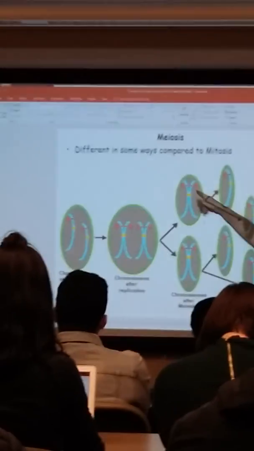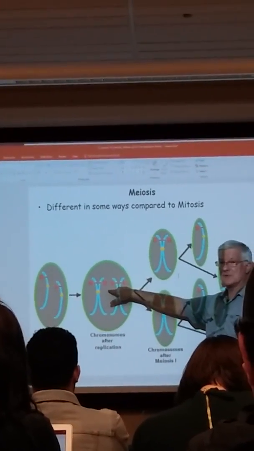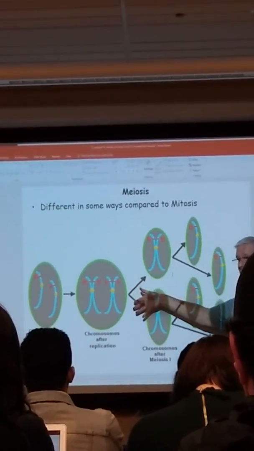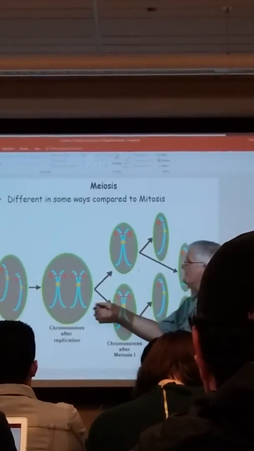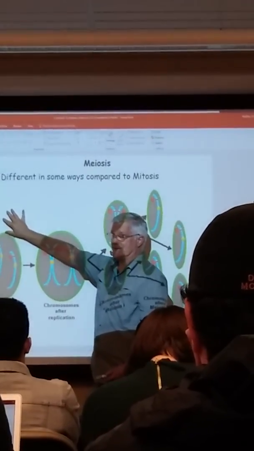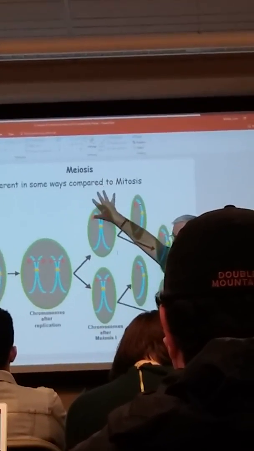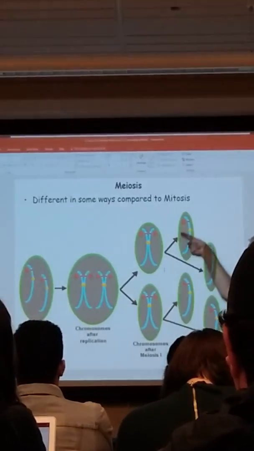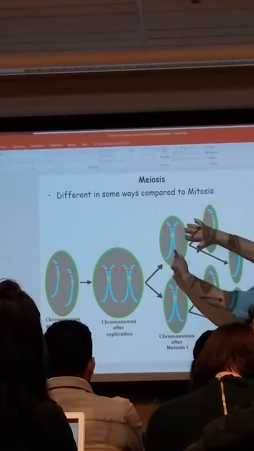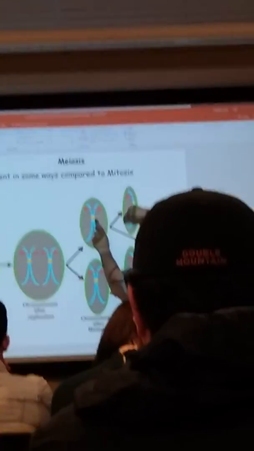Now this cell only has one chromosome there, right? This one had two. This is what's known as reduction division. We're reducing the number of chromosomes. We went from 46, we doubled them to 92. First round of meiosis, we go back to 46. We're going to go through another round of meiosis, but now we separate the sister chromatids, and we're going to get two cells.